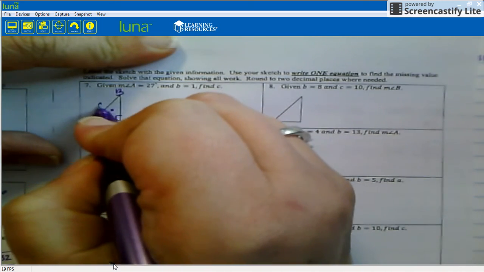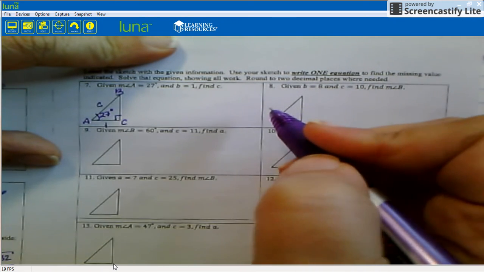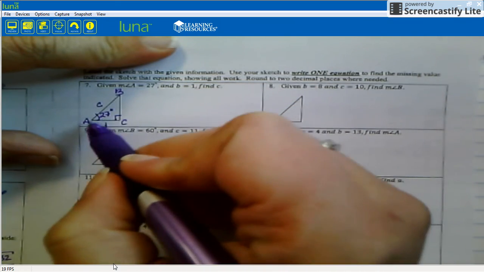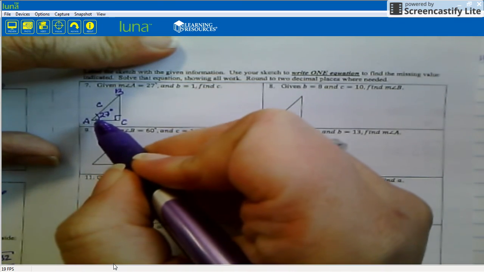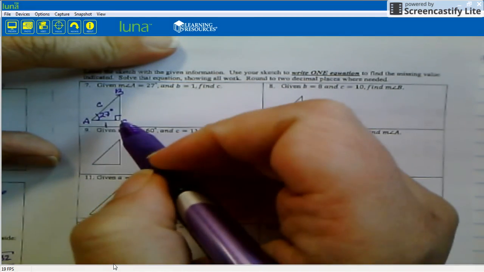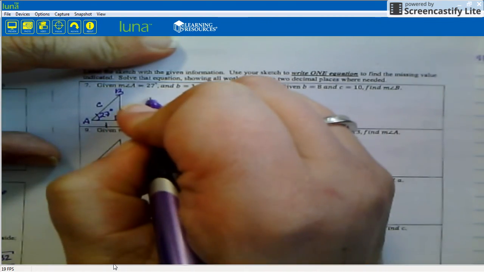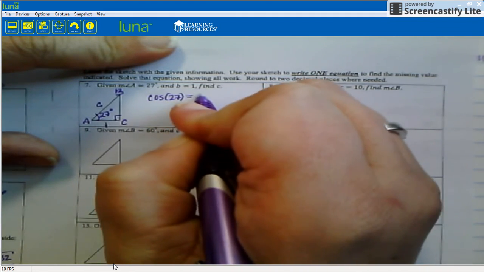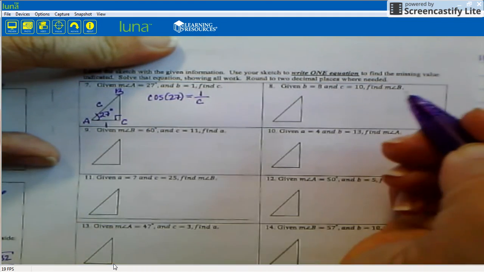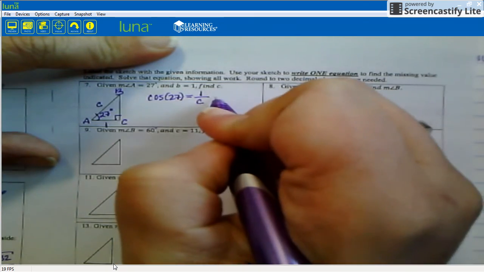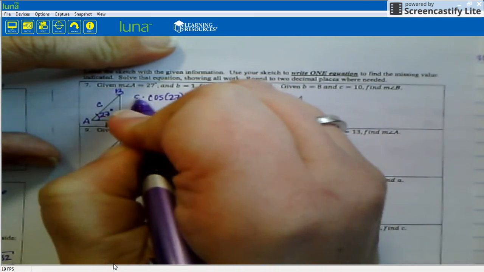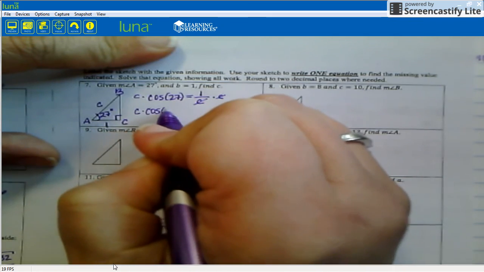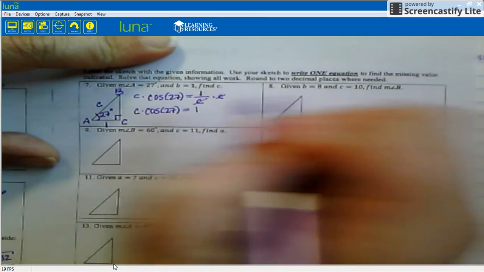Well, it's referring to the hypotenuse. So I need to find the length of c. Well, to do that, I have the adjacent, and I'm looking for the hypotenuse. So adjacent and hypotenuse means I need to use cosine. So the cosine of 27 is equal to 1 over my hypotenuse c. So I'm going to multiply both sides by c. This gives me c times the cosine of 27 equals 1.